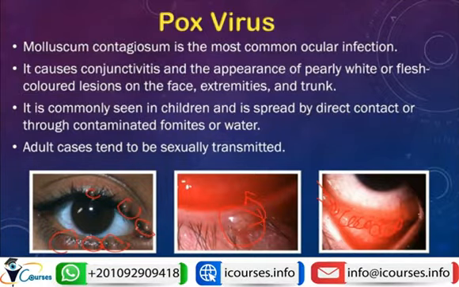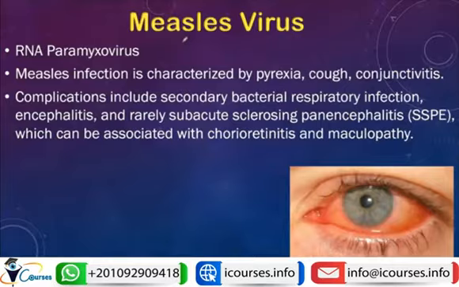Now we have talked about the DNA viruses. Let's talk about the RNA viruses. First of all, we have the measles virus. The measles virus is RNA, belonging to the family of paramyxoviruses. When the initial infection of measles occurs, this will lead to febrile illness characterized by conjunctivitis.